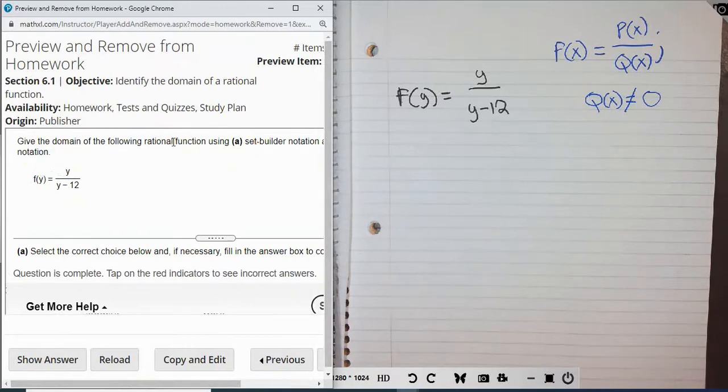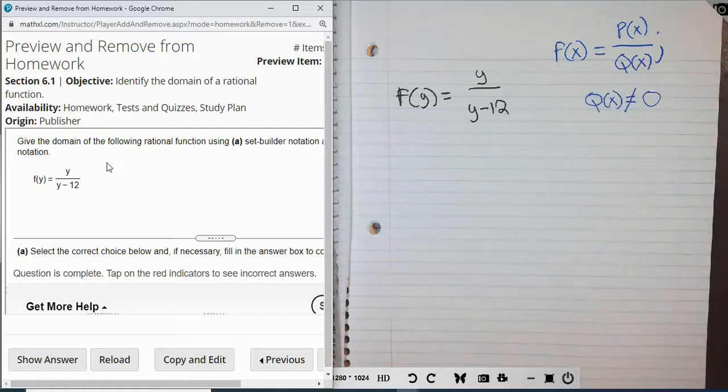Remember, domain can be represented in a couple of ways, and the ones we've discussed in this class were set builder and interval notation. So we will show the representation of this particular function's domain not only in interval but also set builder notation. You do need to identify on the test. You'll be asked to identify set builder versus interval notation.